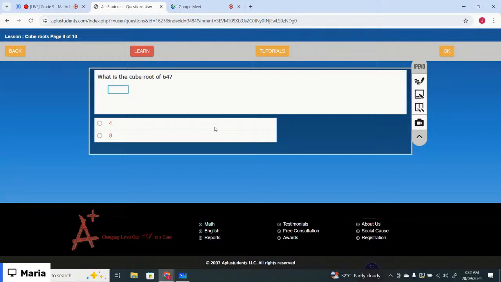The cube root of 64 is 4. That is 4 times 4 is 16 and 16 times 4 is 64, right? Okay, you can complete the lesson by yourself later today. Let me just move on to the next lesson.